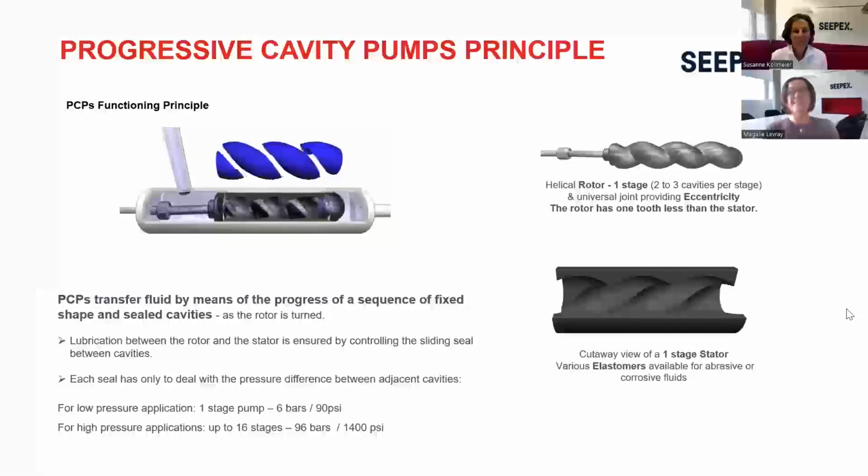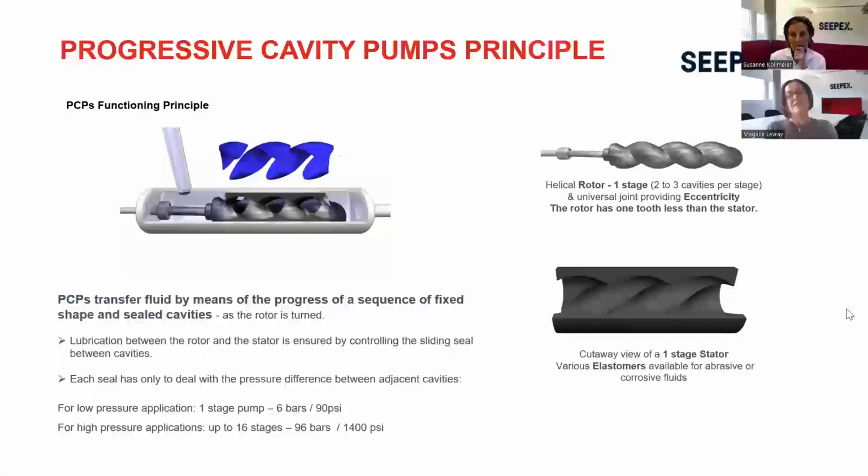Let's start by reminding ourselves of the progressive cavity pump principle. It is really important to understand that a PCP transfers fluids by means of a sequence of fixed shape and sealed cavities. In blue here, we see the fluids being displaced.